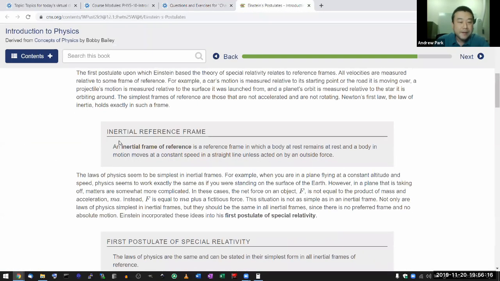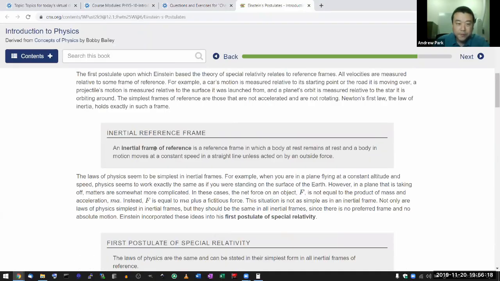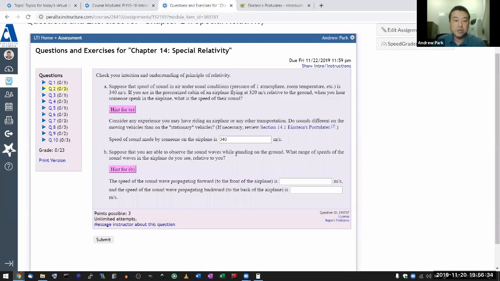Please read it. It's the question of frame of reference. And if you're using the airplane as your inertial reference frame, in that frame where the air is moving with you, the regular laws of nature hold, the speed of sound doesn't change from what it is on the ground.